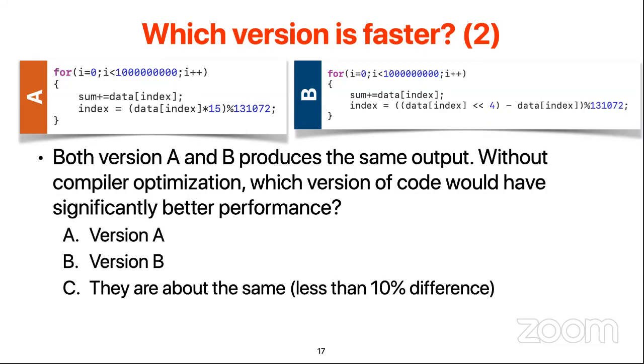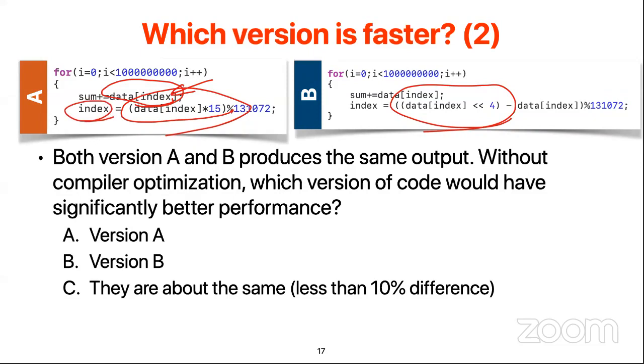Previously we mentioned that for this piece of code, this version is indeed slower than this one. But why is that? Because in this piece of code, a lot of stuff depends on the outcome of earlier results. First of all, your index depends on the content of the data index, and the next index also depends on the index you computed in the previous iteration.